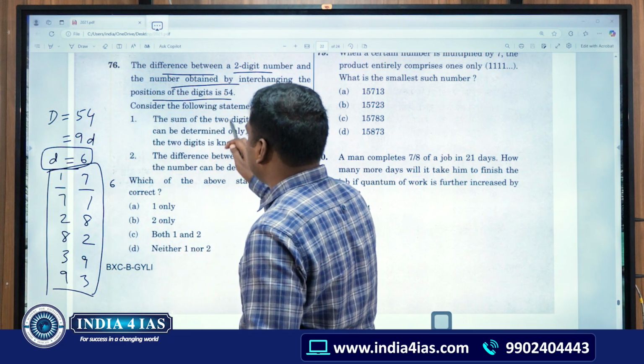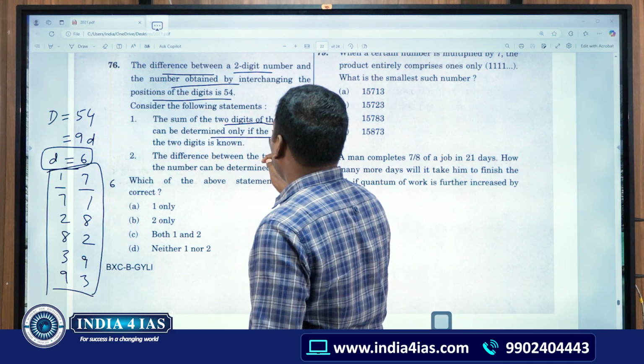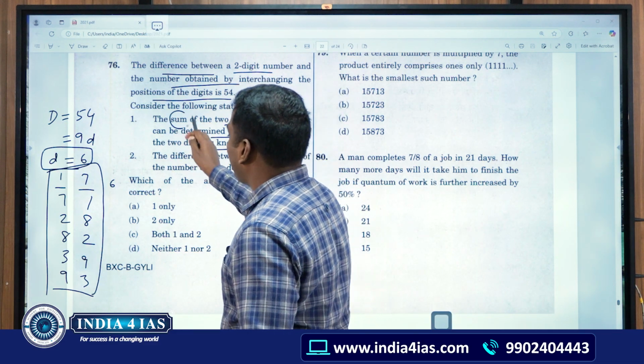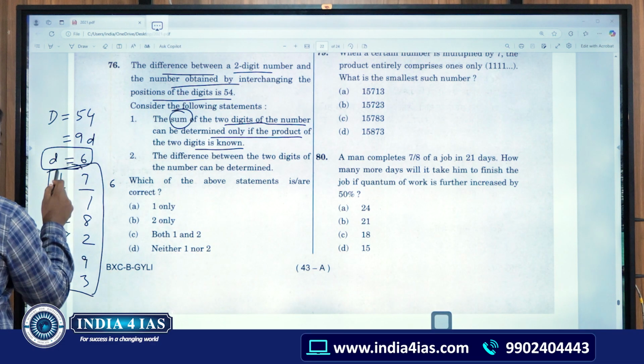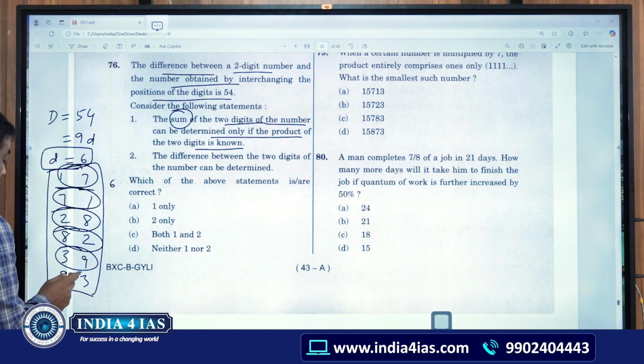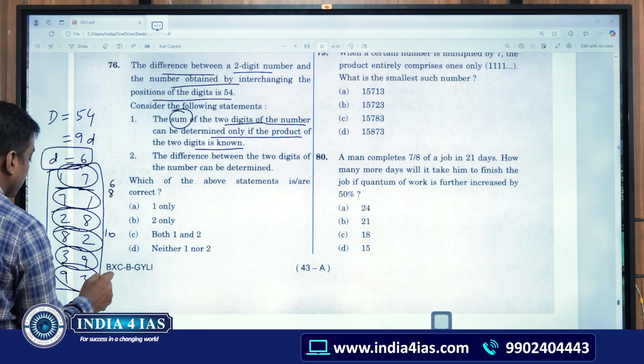Now consider the following statements. The sum of the two digits of the number can be determined only if the product of the two digits is given. So sum of the digits, for example, 1 plus 7 is 8, 7 plus 1 is 8, 2 plus 8 is 10, and 3 plus 9 is 12. So this gives me 8, this gives me 10 and this gives me 12.